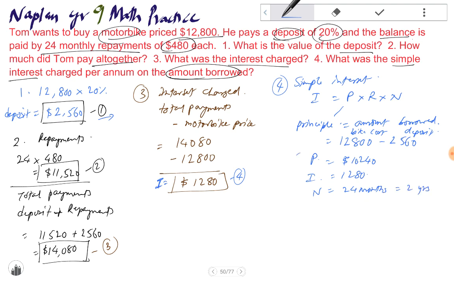We simply put all of these values into the formula and we need to find the value of R. So we get 1,280 equal to 10,240 multiplied by R multiplied by 2, and that will give us the value of R, which will be equal to 0.625, or R is equal to 6.25%, which is approximately equal to 7%.